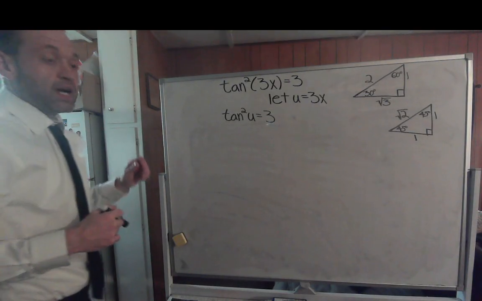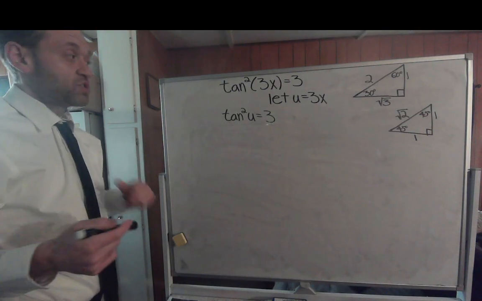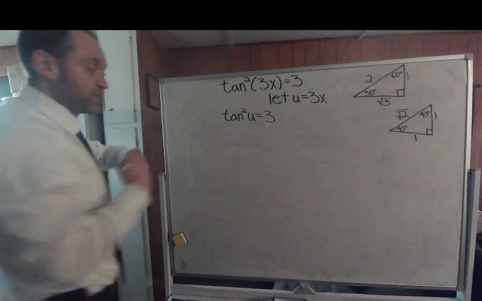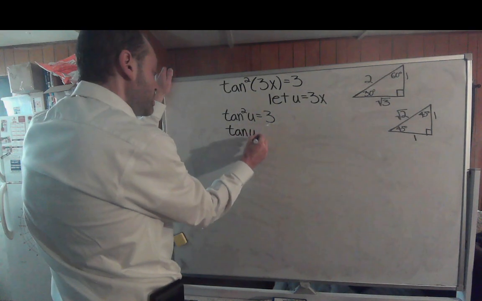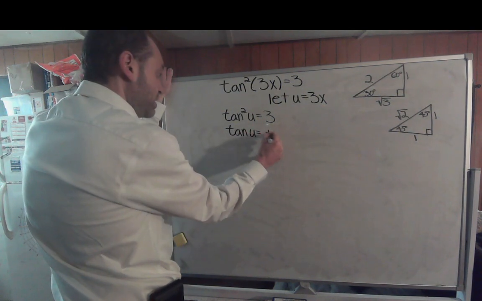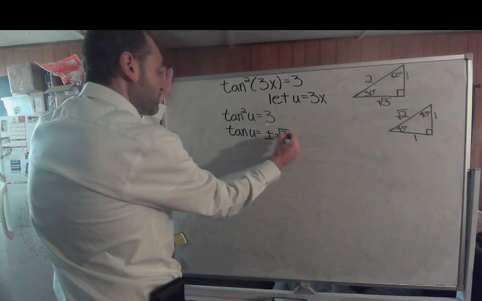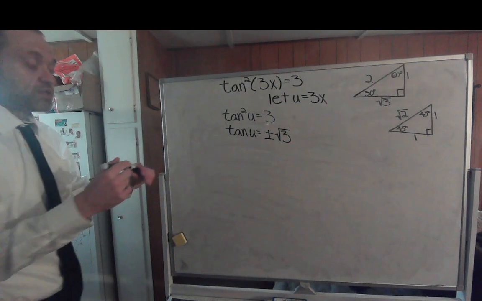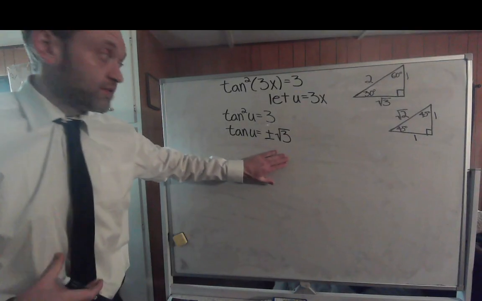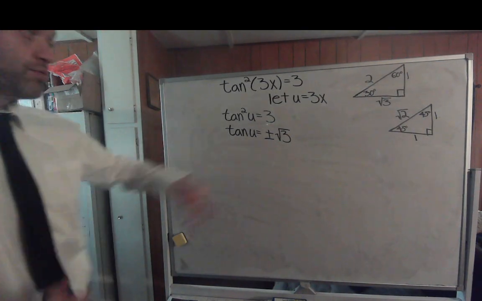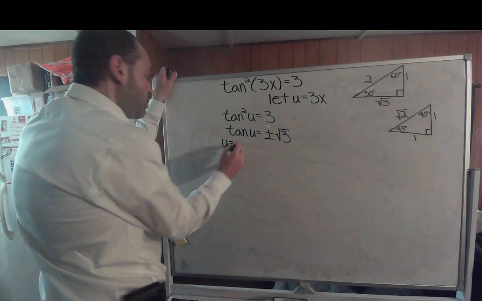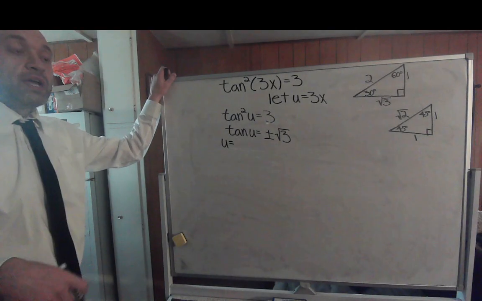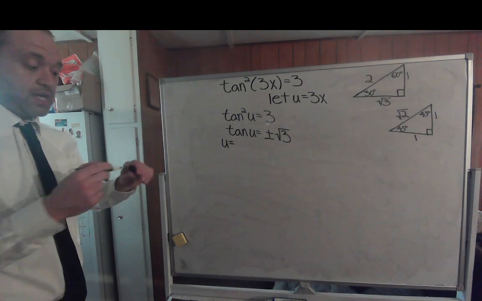Well, we've got to take both plus and minus the square root of the right-hand side since this is a quadratic, so you would end up getting that the tangent of u equals both plus and minus the square root of 3. So that means, again, we're dealing with every single quadrant since we have both roots. So let's temporarily list out all the solutions for u in the interval from 0 to 2 pi.